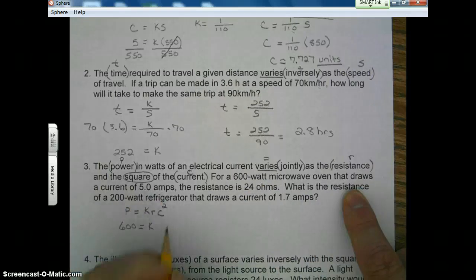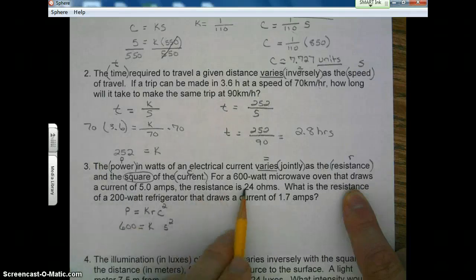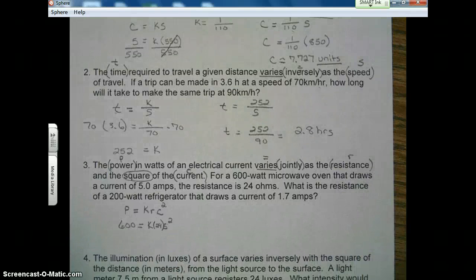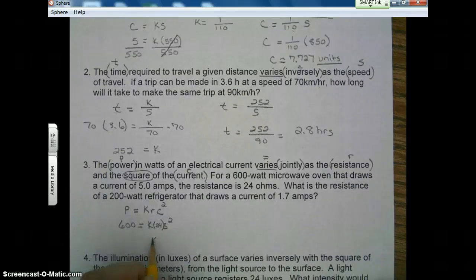Okay, so our current is 5. And the resistance is 24 ohms. So I'm going to plug 24 in for R. Now we need to find our constant. So we're going to solve this for K. And if you solve this for K, you get K equals 1.